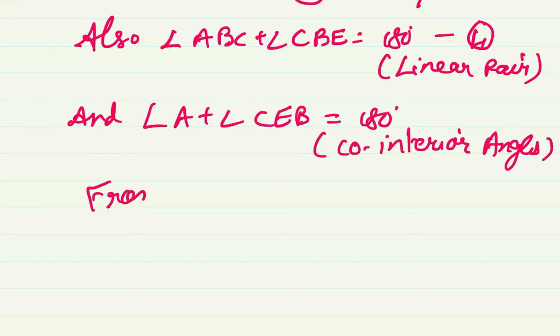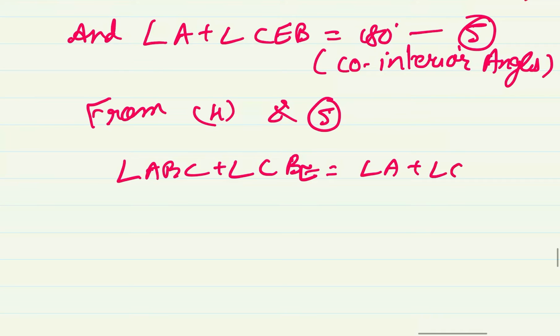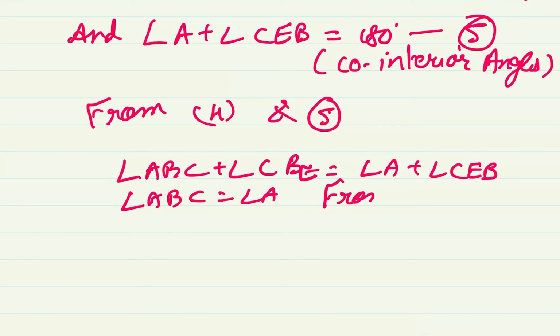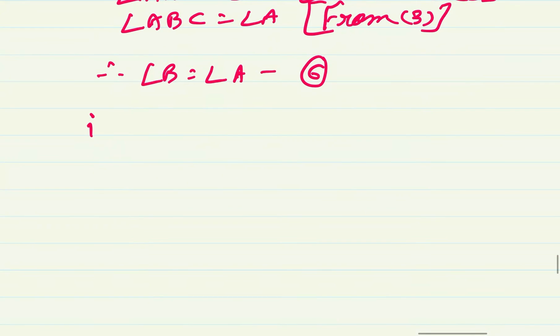From 4 and 5, we can say angle ABC plus angle CBE is equal to angle A plus angle CEB. So angle ABC is equal to angle A from 3. Therefore, angle B is equal to angle A, that is number 6. That is our first result proved.